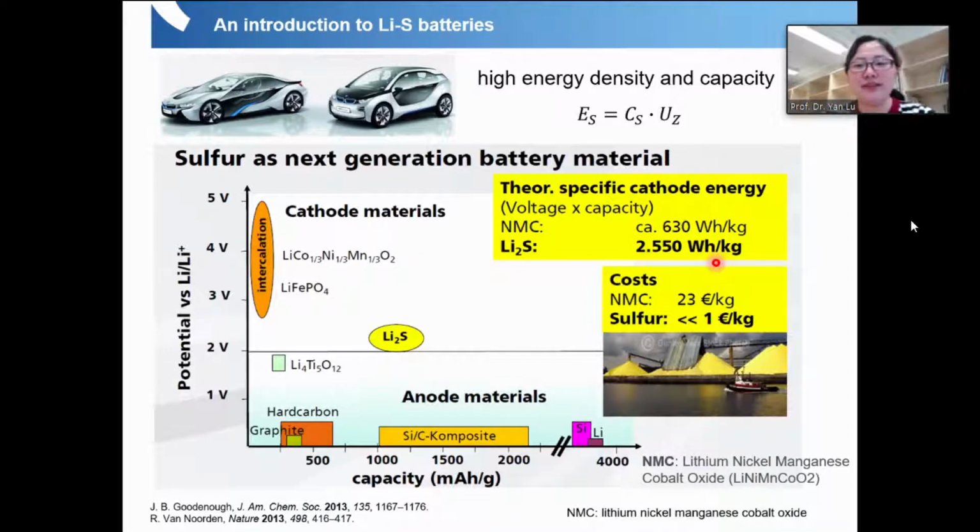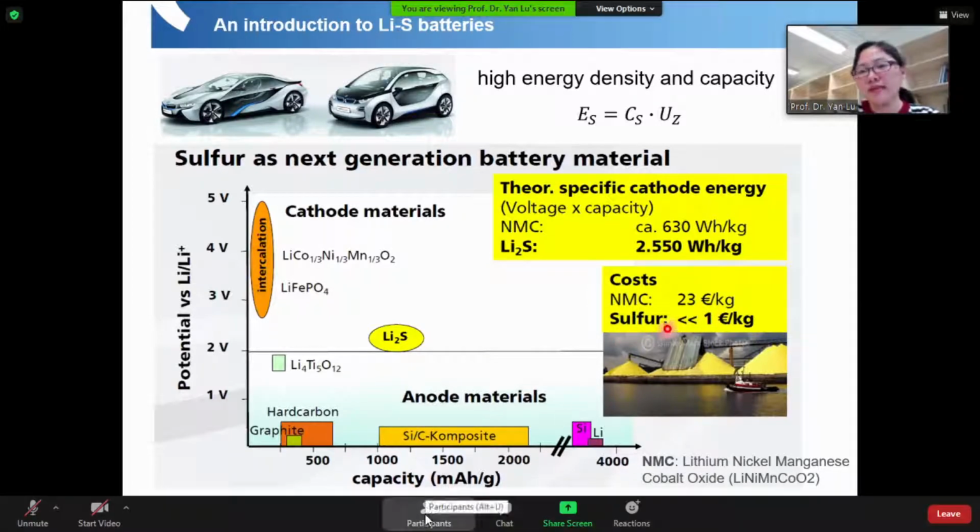And another advantage for the sulfur, you can also compare the price. For the typical NMC cathode, it costs around 20 euro for 1 kilogram, and the price is still increasing due to the limited availability of cobalt in the world.